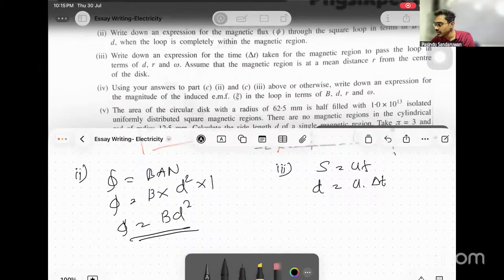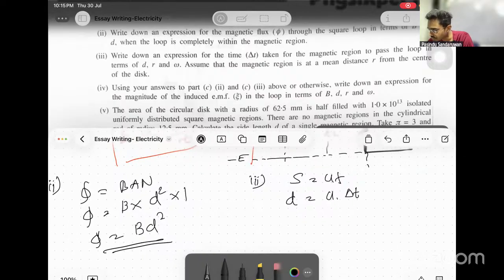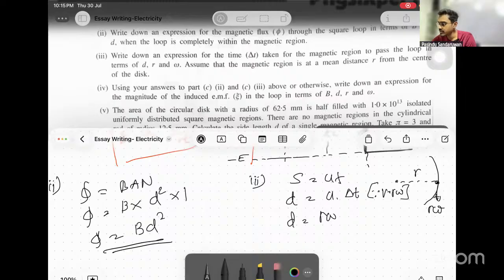Now, if it is at a distance r from this loop, we know the speed of the disk here is given by r omega, no? Speed is given by r omega at that point. So d equals u times delta t, where v equals r omega. We need to write the expression for delta t.